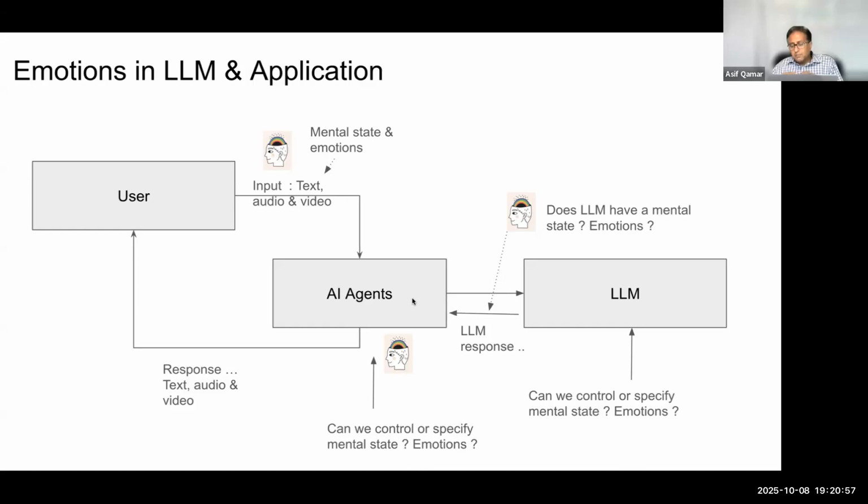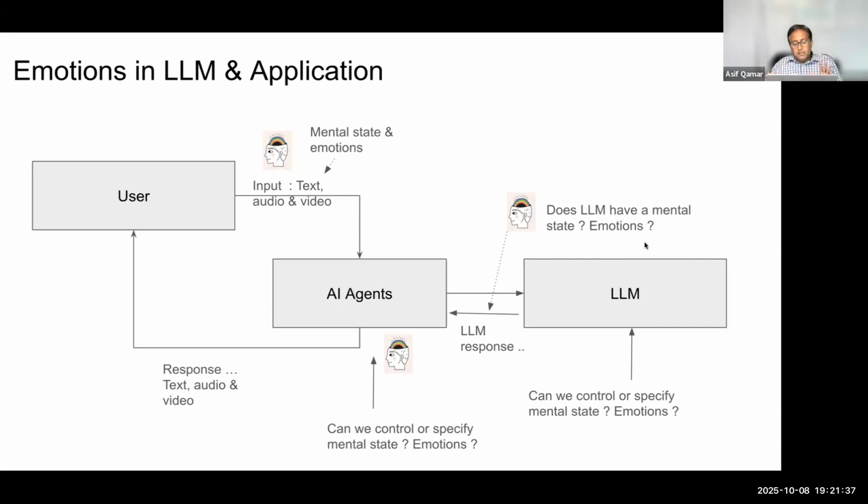So that is a part of this research paper, trying to first prove that LLM indeed can be controlled via some mechanism. We are going to talk about that mechanism to show emotions. It doesn't mean that LLM has emotion. At this point, we can say that LLM can be controlled or specified using prompts and other techniques, maybe fine-tuning later on, to provide responses in the way you can visualize as a person having emotions. So the paper is trying to illustrate that.